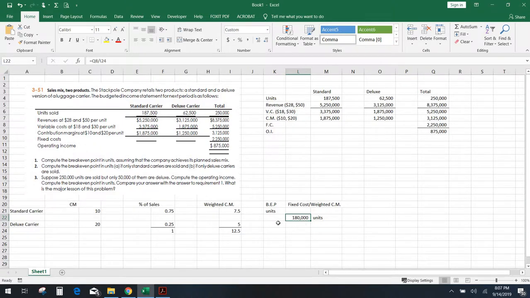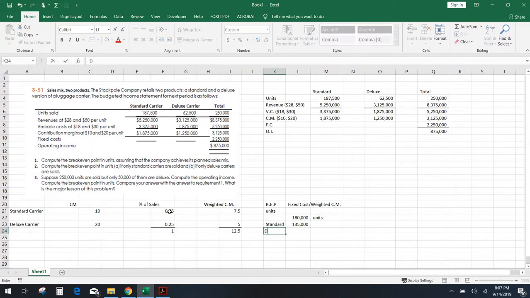So for the standard, we take the number of units multiplied times the percentage, and we get 135,000.